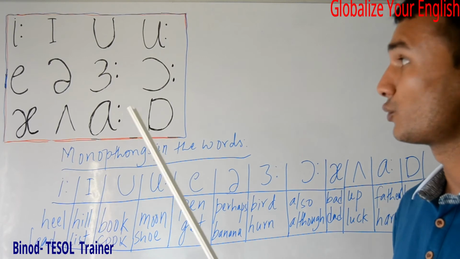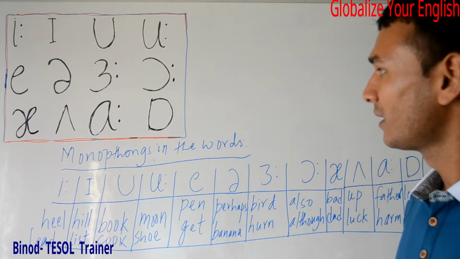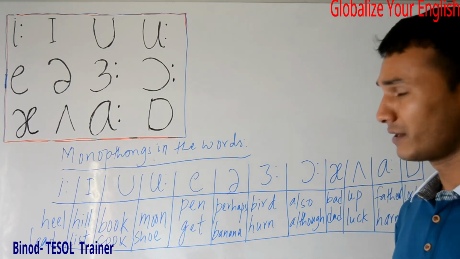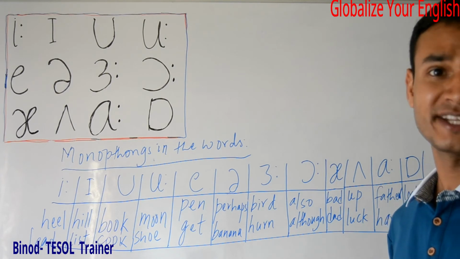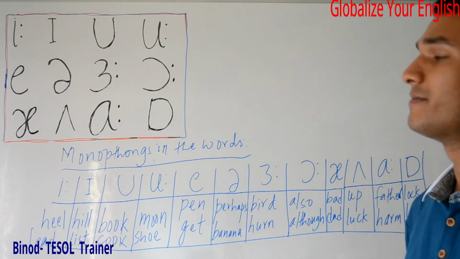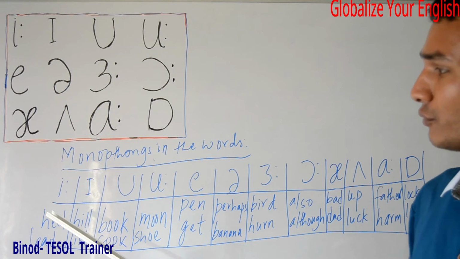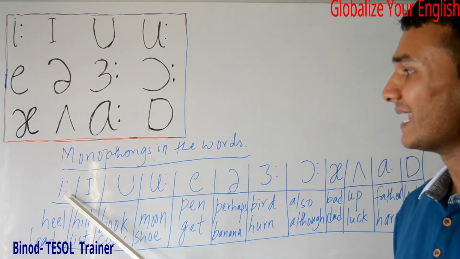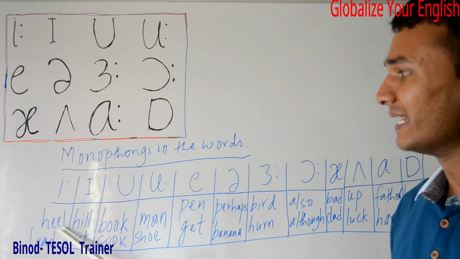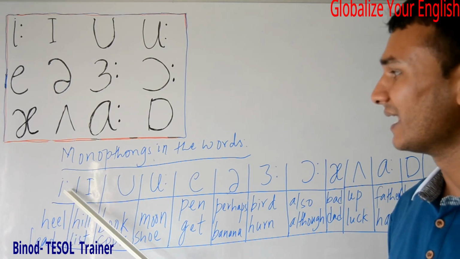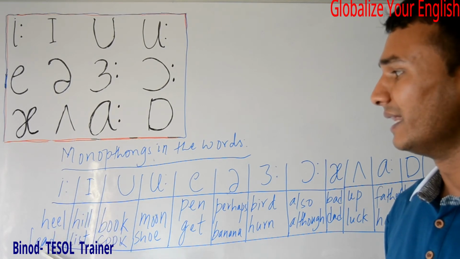Let's find these 12 vowels in words now. They are called monophthongs, as we already discussed, or sometimes simple vowels, or just vowels. The first one, E, for instance, heel. E, heel, lead.